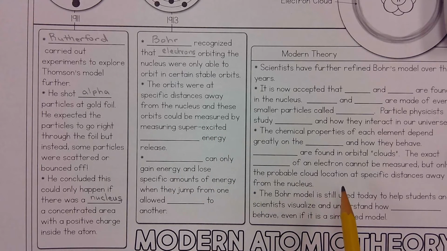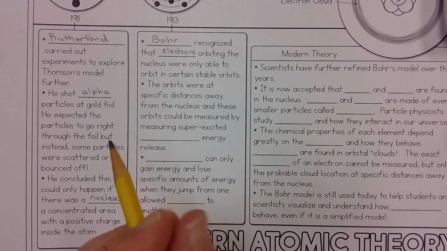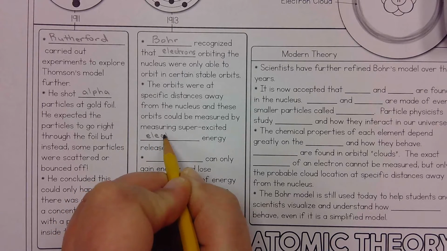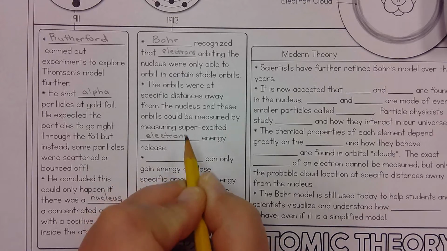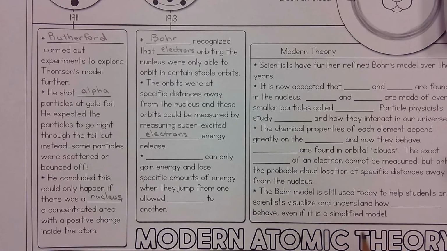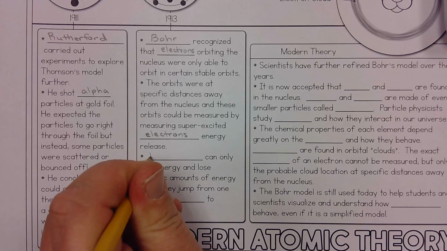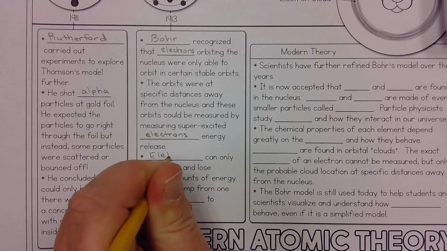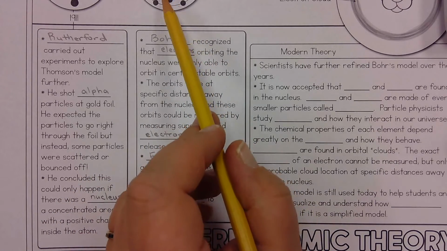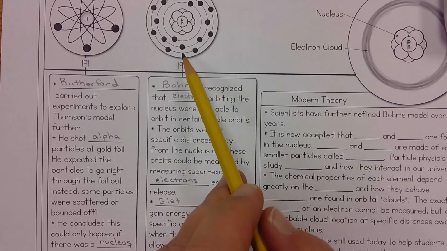They also could be measured by measuring the electron's energy release. Again, we're going to do an experiment showing how this energy is released in a whole lot more detail later on. He also discovered that electrons can only gain energy and lose energy as they're jumping from one of these levels to another.